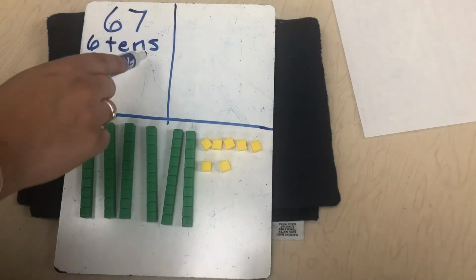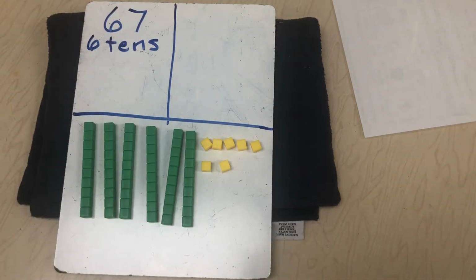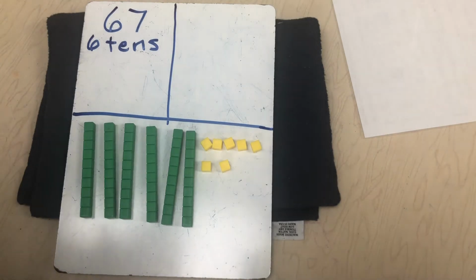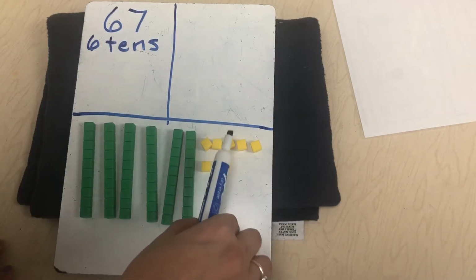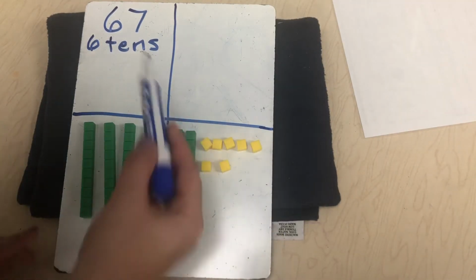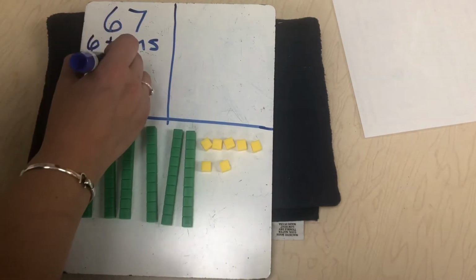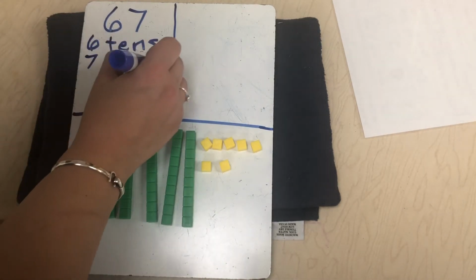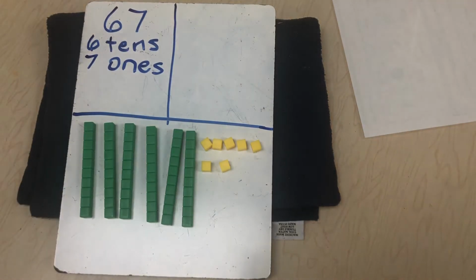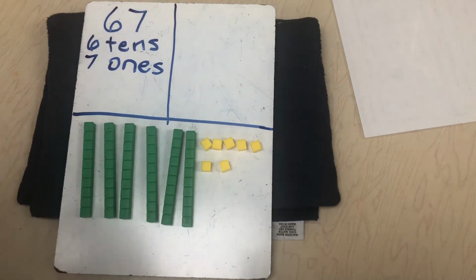And it's tens, plural, because we have more than one. A little bit of English in there. Okay, and then we're going to ask, how many ones do we have? We have 1, 2, 3, 4, 5, 6, 7 ones. I'm going to give y'all a minute to write that.